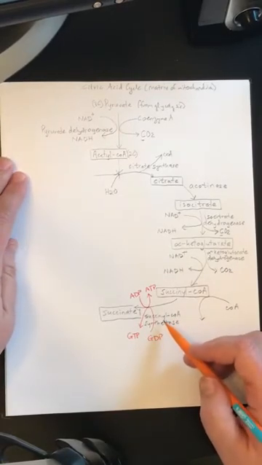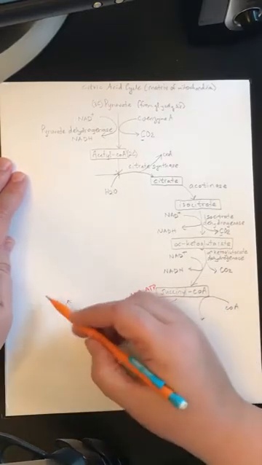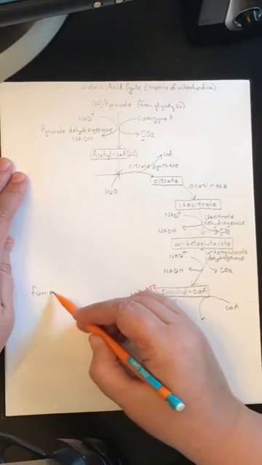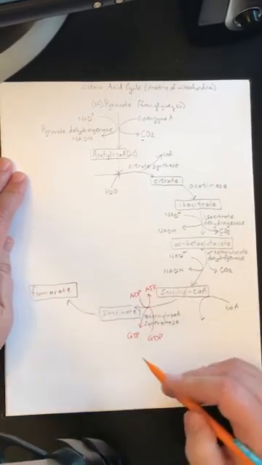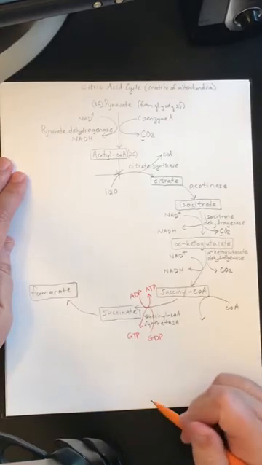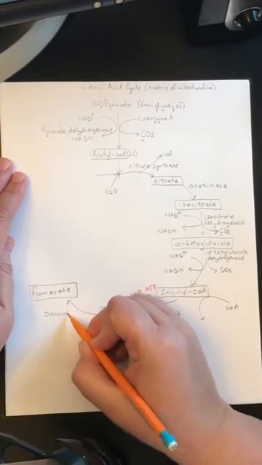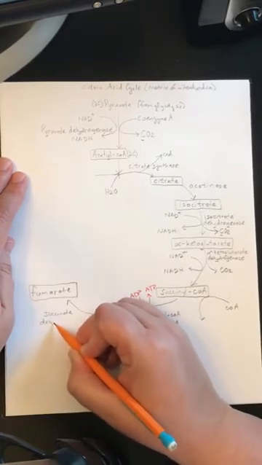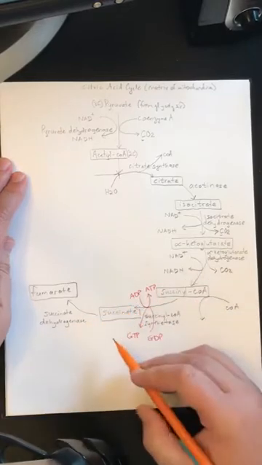All right, so from succinate, next we're going to move to a molecule of fumarate. So that's the name of the next molecule, fumarate. And we do need a dehydrogenase enzyme here as well. Succinate dehydrogenase is that enzyme's name.